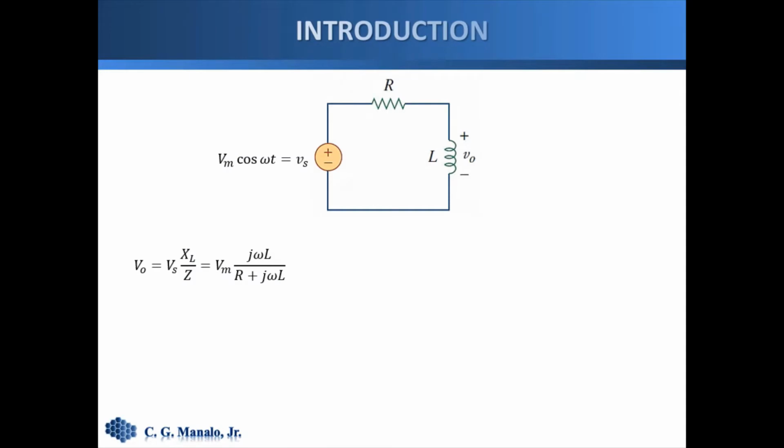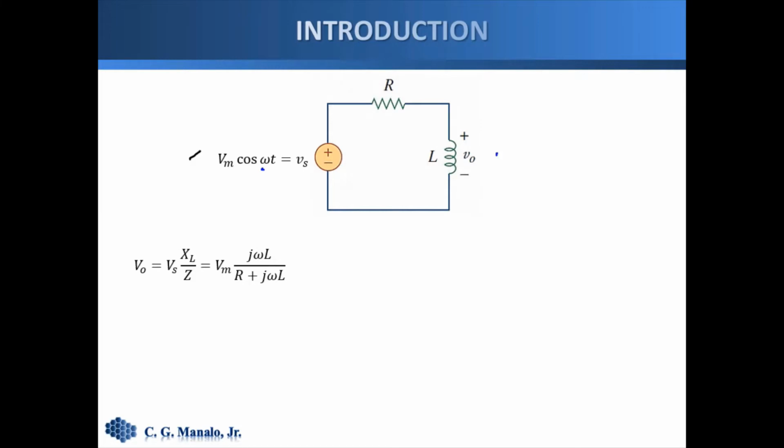So here, let's say we have a simple RL circuit that is excited by a source with a particular frequency given by omega, and we obtain the output of that circuit across the inductor.